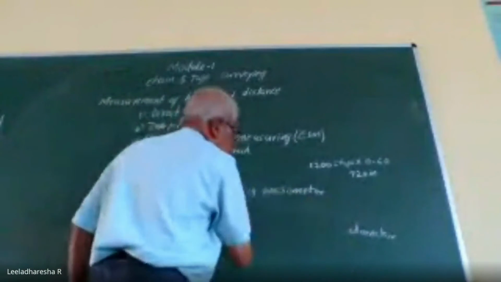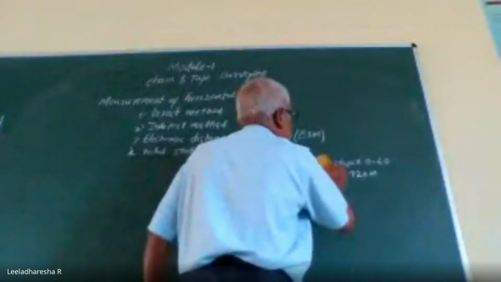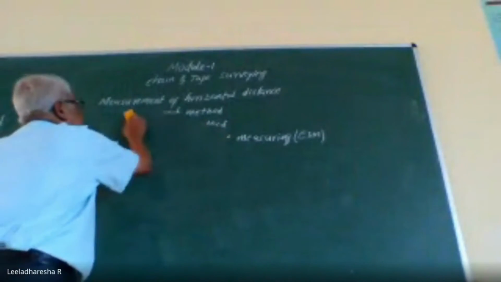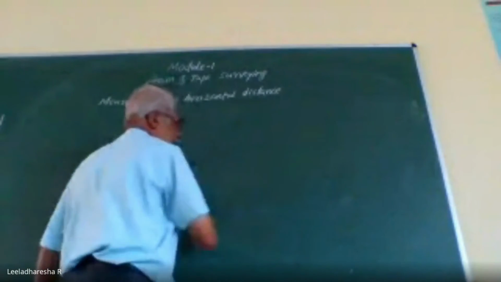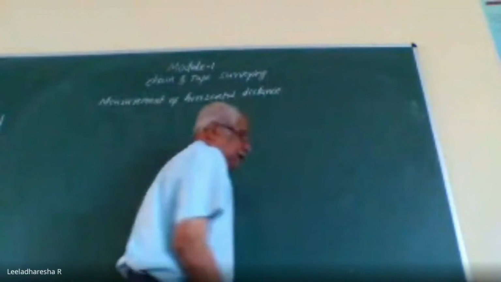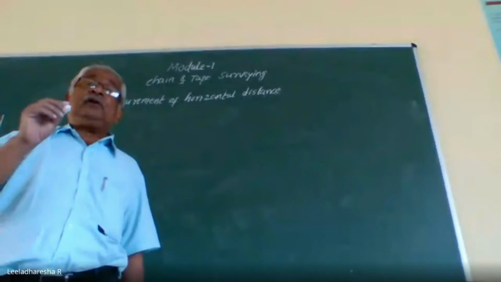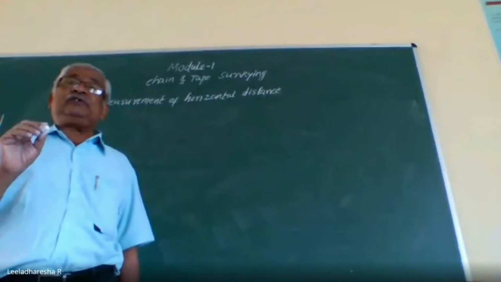So now we will come to the very basic concept, that is chain and tape survey. Before that, in the previous class, I already showed you the various instruments that are used along with chain and tape for measuring horizontal distance.